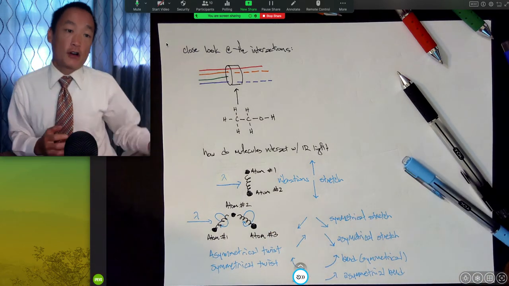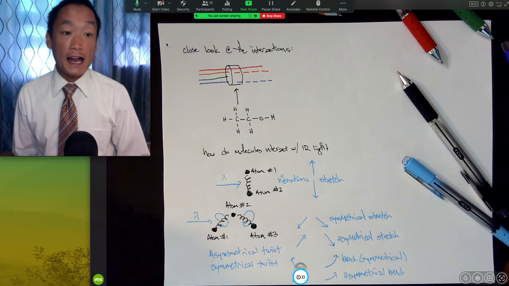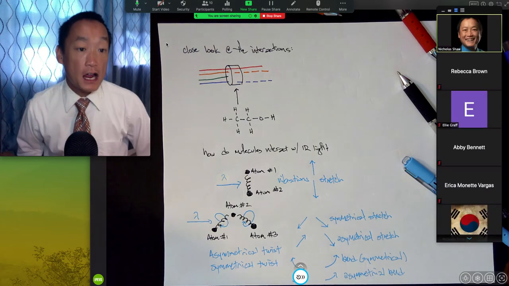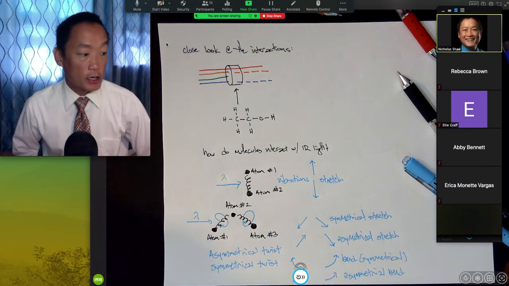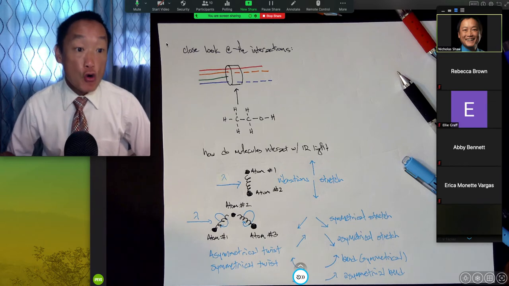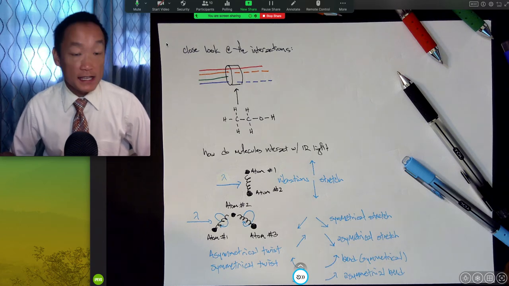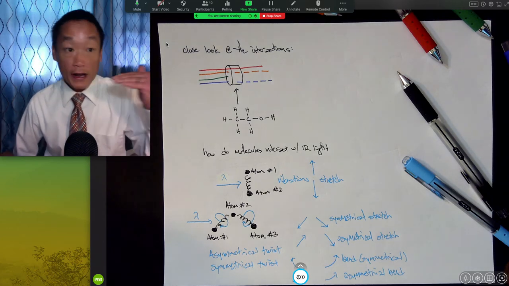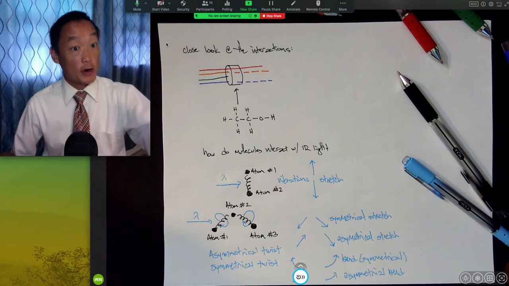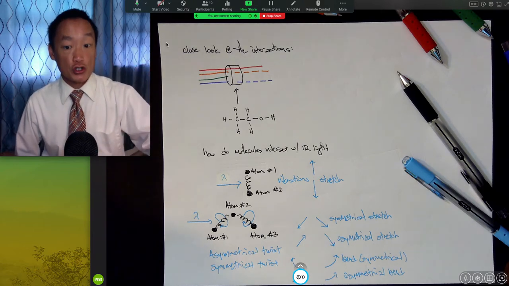And so what I'm really trying to suggest is there are a lot of different ways that atoms within a molecule can start to move with respect to one another, provided that the molecule or the wavelength of light is at the correct energy to make that motion occur.